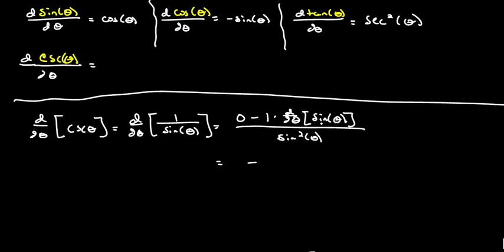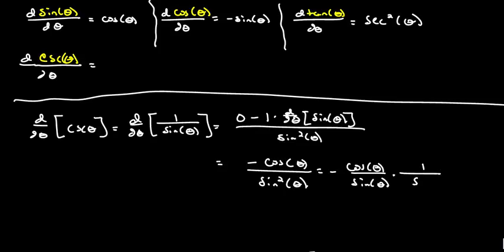So d d theta of sine goes to cosine, so this will be negative cosine theta over sine squared theta. And so that'll be negative cosine over sine times 1 over sine. So cosine over sine is cotangent, and 1 over sine is cosecant.